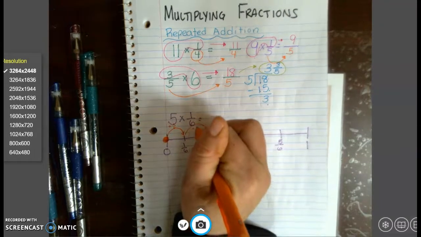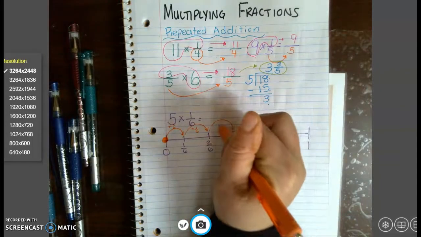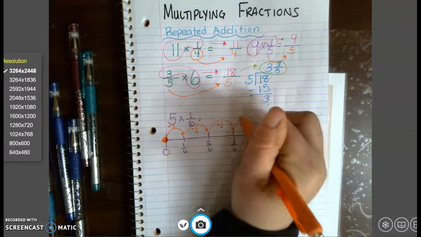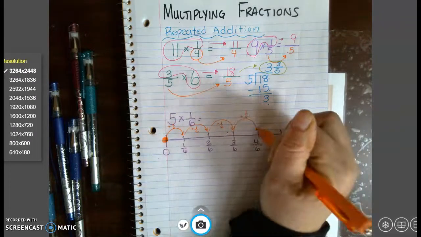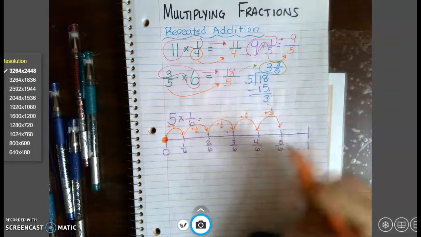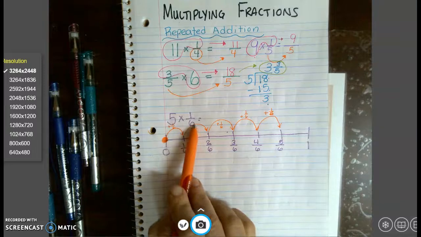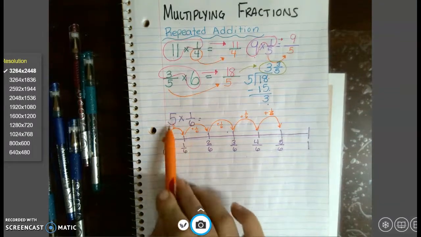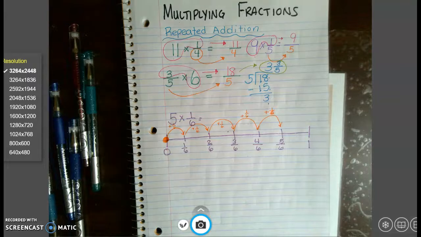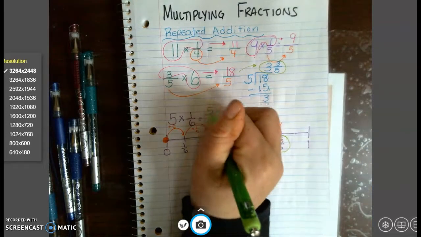I'm going to write this underneath. Plus 1/6. So 1, 2. Here's my 3. Here's my 4. Here's my 5. Look at me. I've jumped 1/6 5 times. 1, 2, 3, 4, 5. And I ended up on my answer of 5/6.